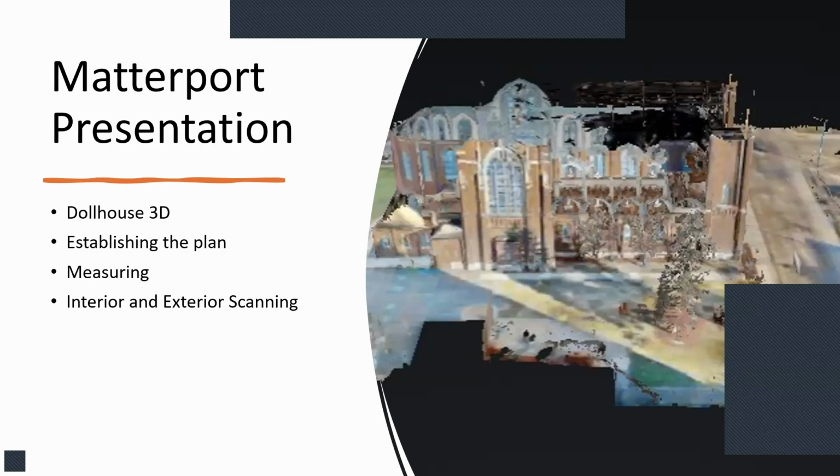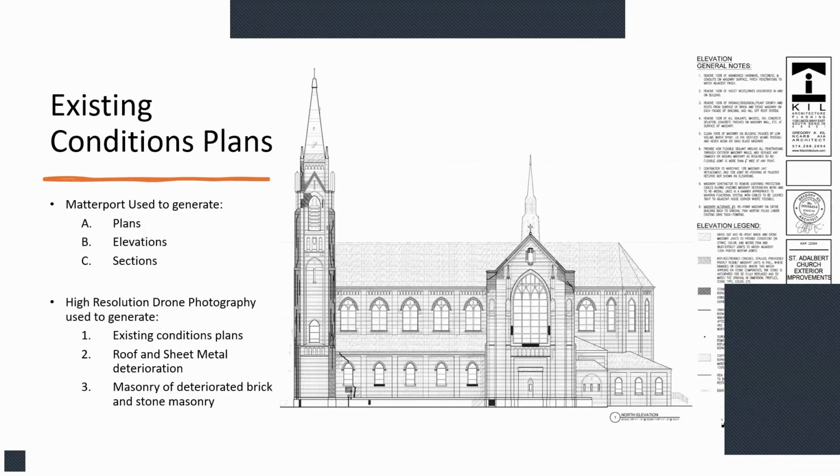What it does is allows us to establish the plan for the building. It provides the measuring, in addition to many times we'll do field measuring to verify, but the Matterport we find is fairly accurate within a fraction of an inch. And we use it primarily for interior scanning, but we've also used it on exterior. And in this case, I'll share the Matterport of the Annex project, which used both interior and exterior.